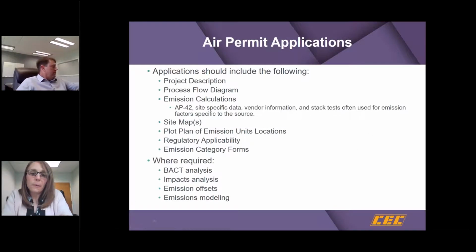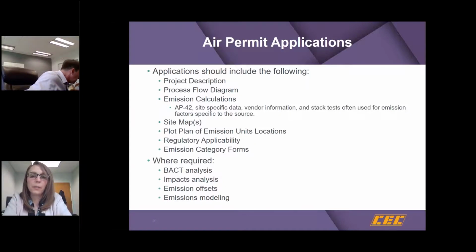All right, air permit applications for the state of Ohio. There's quite a bit that can go into these. Some of the basic things you're going to need to include in an application when you're getting ready to submit to the state would be a project description, a good outline of what you're planning to build and what the emissions units are going to do.